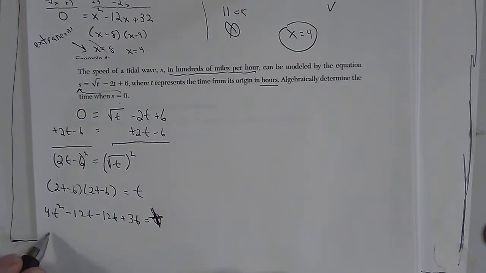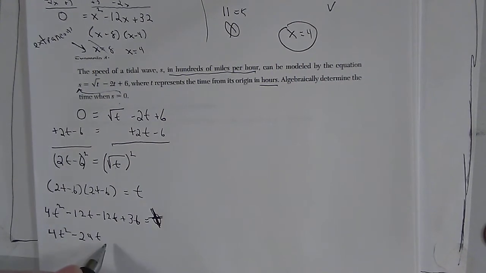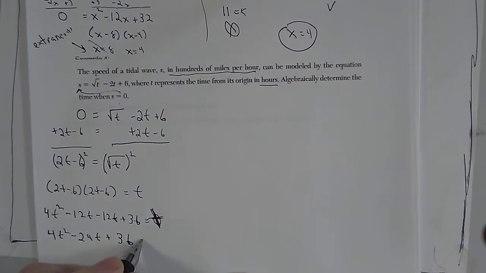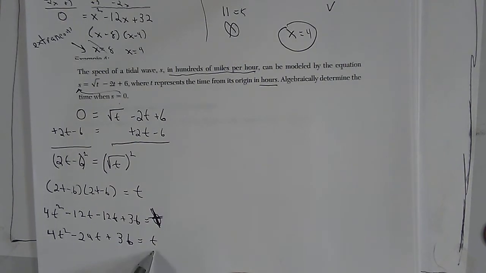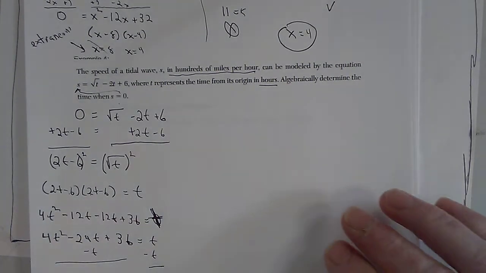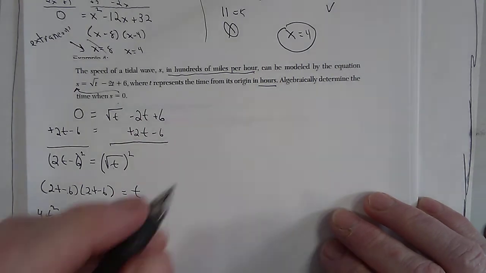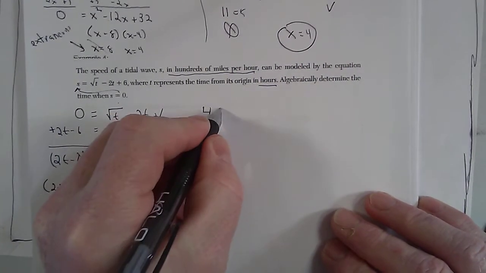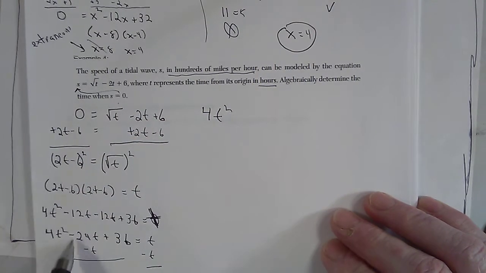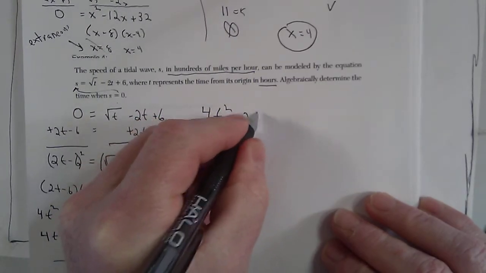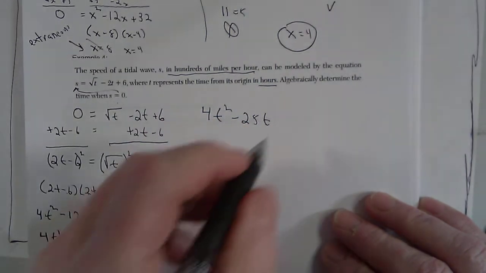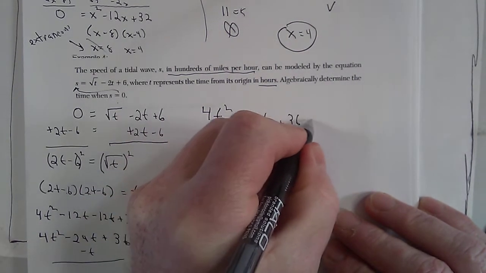Okay, so let's see, 4t squared minus 24t plus 36 equals t. Subtract t from both sides. And you get 4t squared minus 25t plus 36 equals 0.